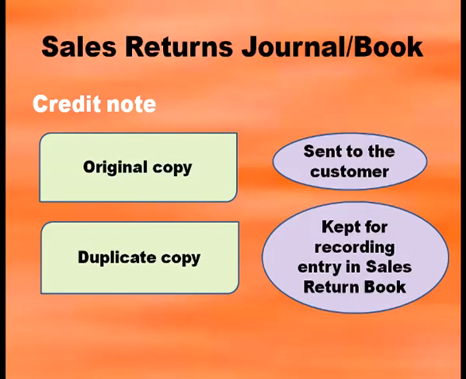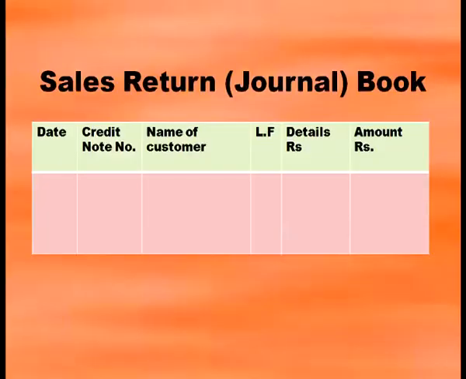The original copy is sent to the customer, that is, his account is credited with this amount. And the duplicate copy of the credit note is kept for recording the entry in the sales return book. The sales return book is of this format.